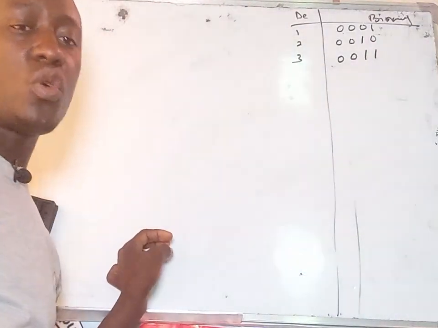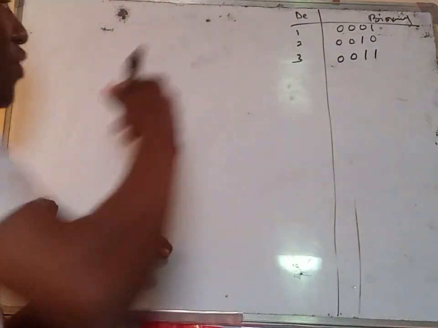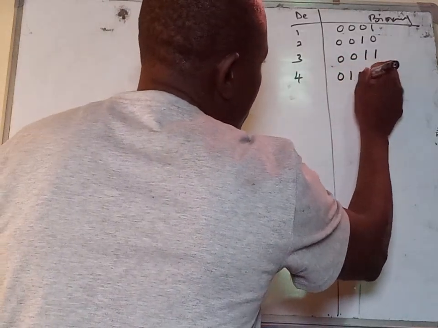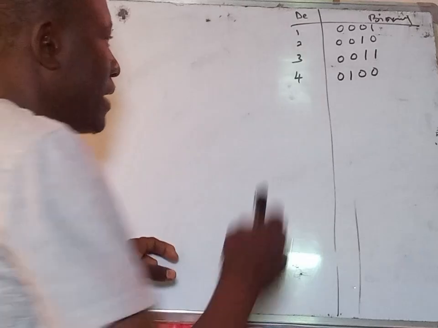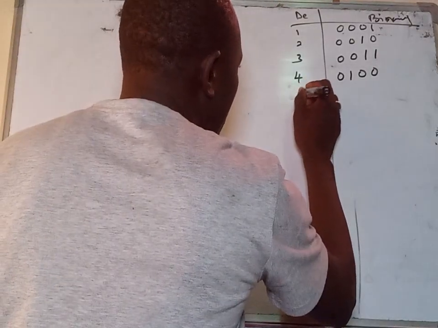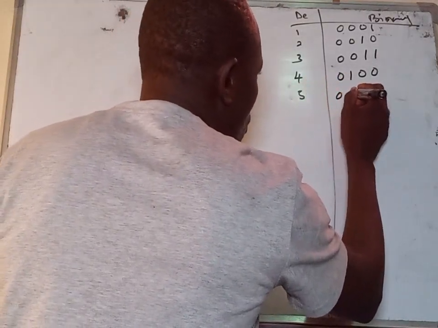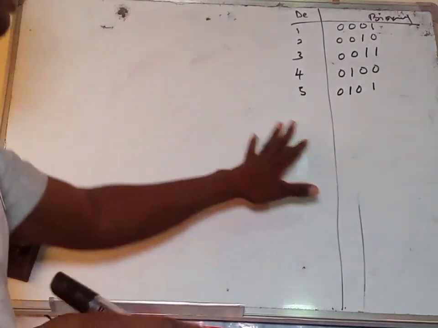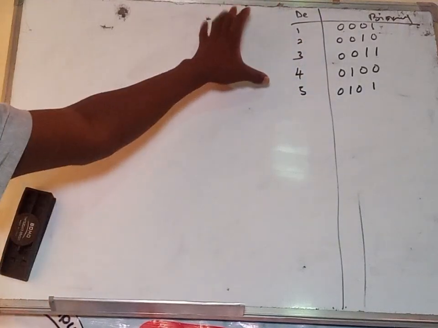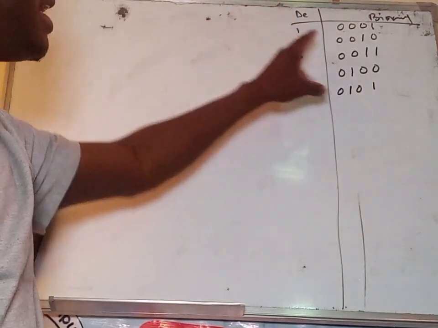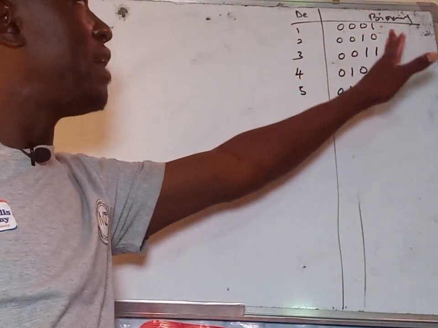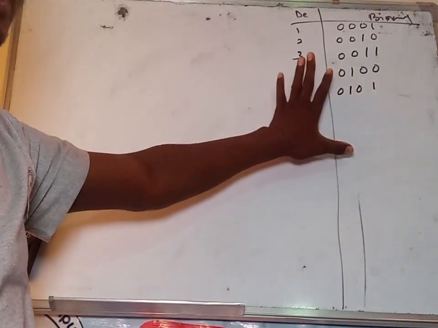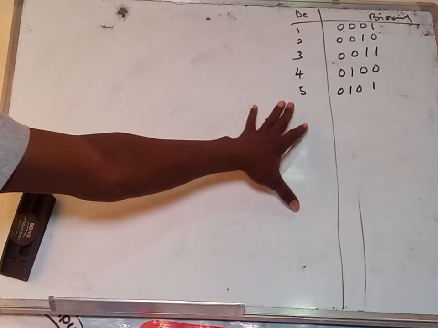If we have 4, it's going to be 0, 1, 0, 0. And if we have 5, it's going to be 0, 1, 0, 1. So this is how we write decimal numbers versus binary numbers. You can get them down on your own. This is how we'll be writing and then shifting these numbers.